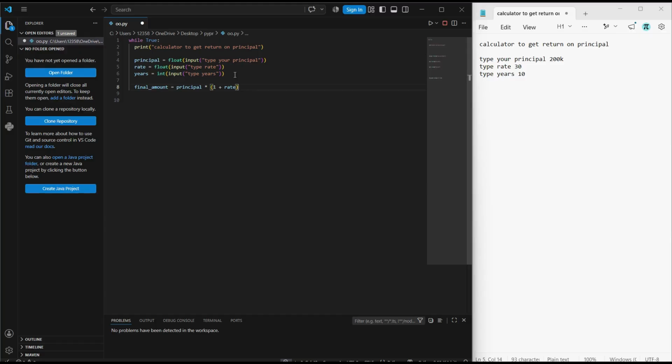This is the mathematical formula to get return on principal.